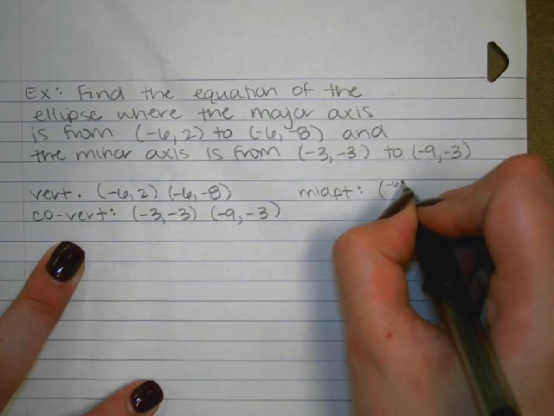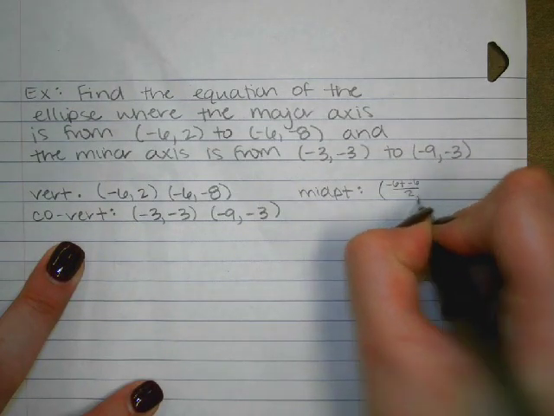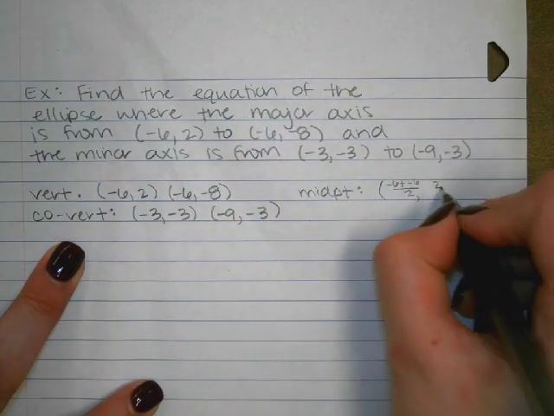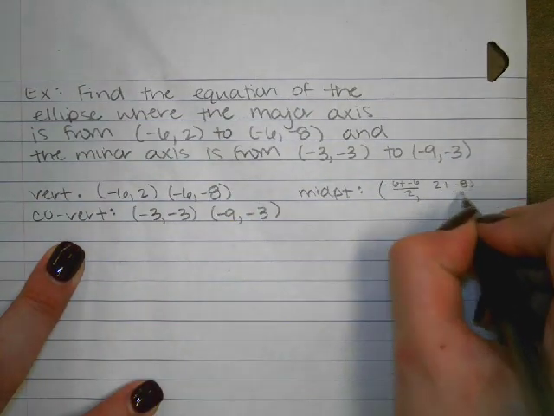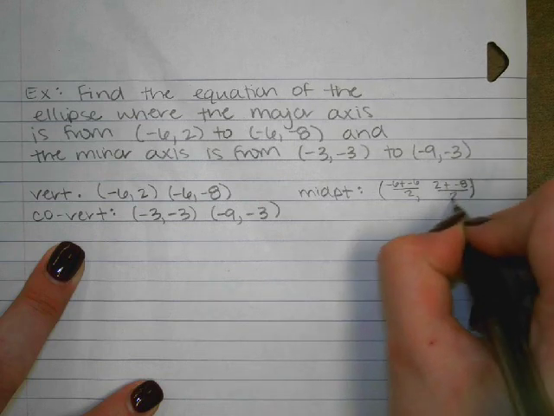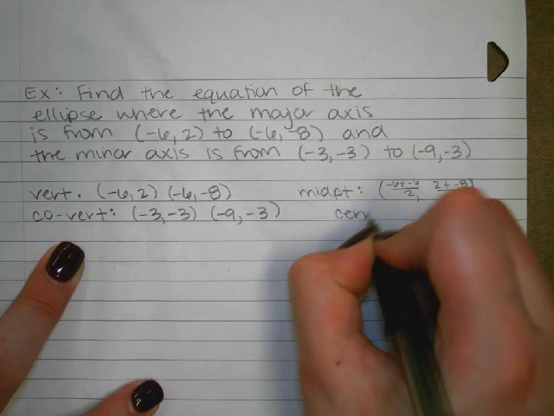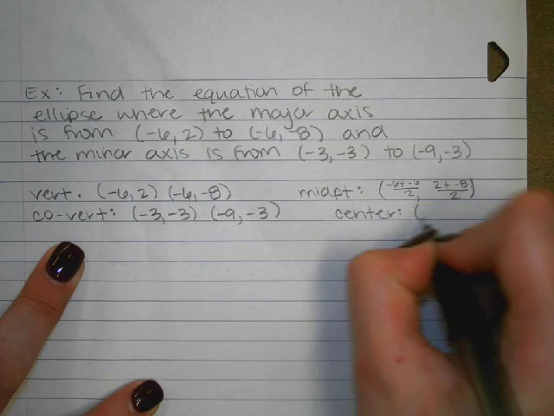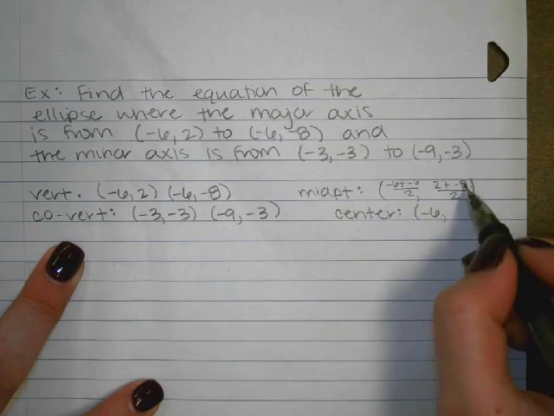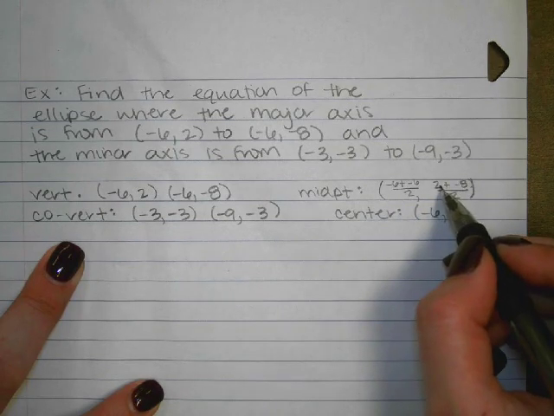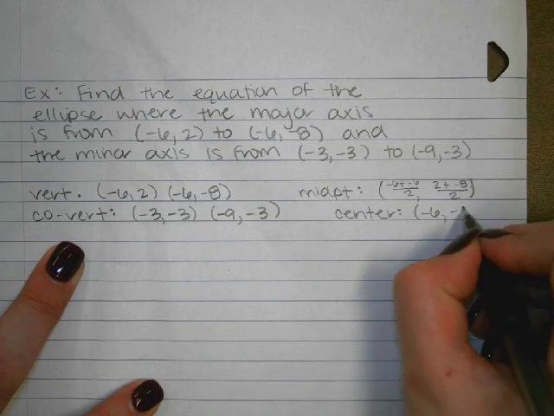But if you want to go ahead and write the formula out, you can. And then 2 plus -8 divided by 2. And so that means that the center is at -6, and then -8 plus 2 is -6. -6 divided by 2 is -3.